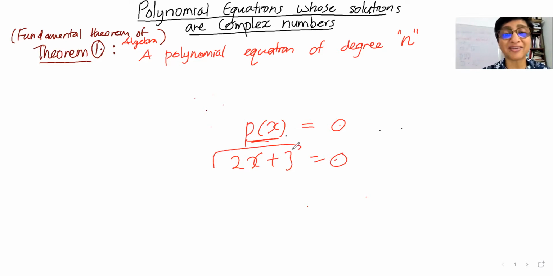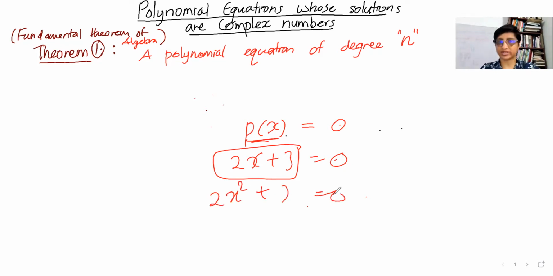Graphically, you know why that makes sense. This represents a straight line, and solutions are where the line cuts the x-axis. So a straight line only cuts the x-axis once. If you have a polynomial of degree 2, if p of x equals 0, like 2x squared plus 3 equals 0, you would expect to have how many solutions? 2, because it's a parabola.